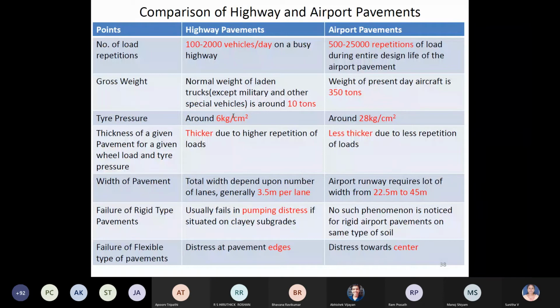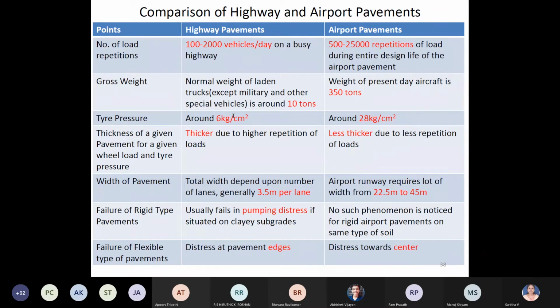Next is tire pressure. The tire pressure of a highway pavement is usually 6 kilogram per centimeter square. It ranges from 0.5 to 0.8 megapascal, or 5 to 8 kilogram per centimeter square.